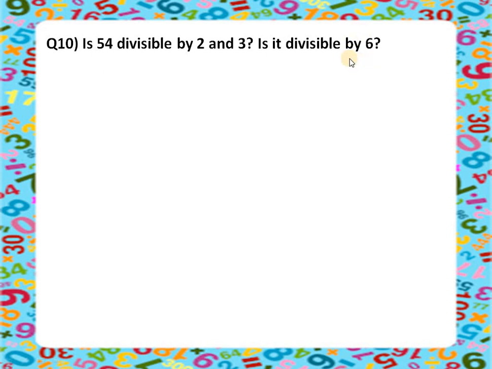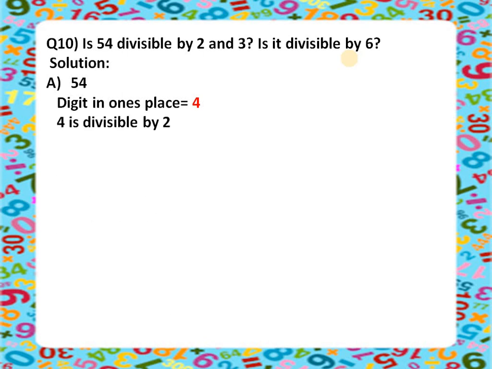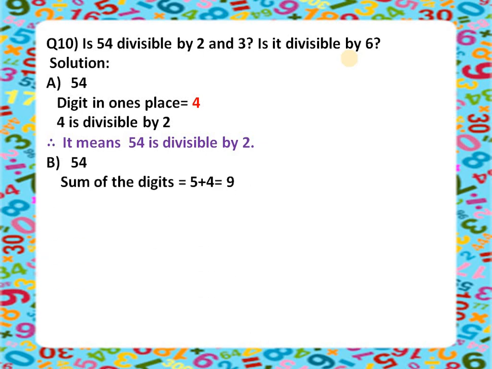Let's quickly recap the divisibility rule of 2. It says there has to be an even digit at the ones place. 54 has 4 at the ones place, and 4 is divisible by 2. Therefore, 54 is divisible by 2.